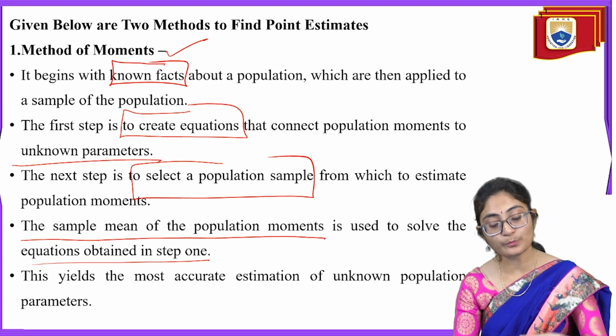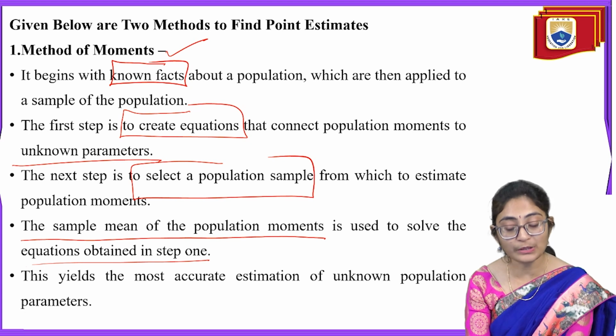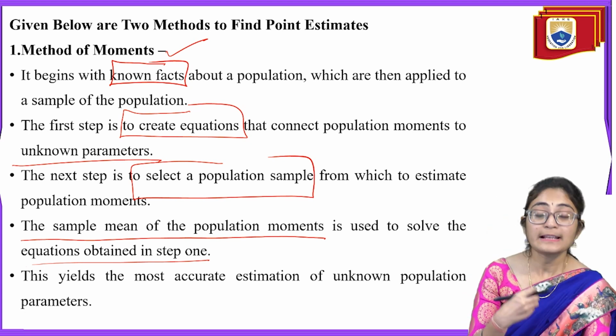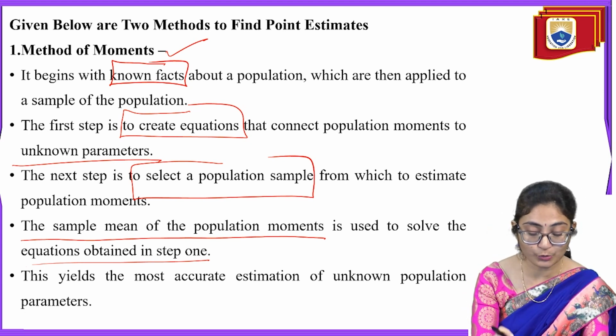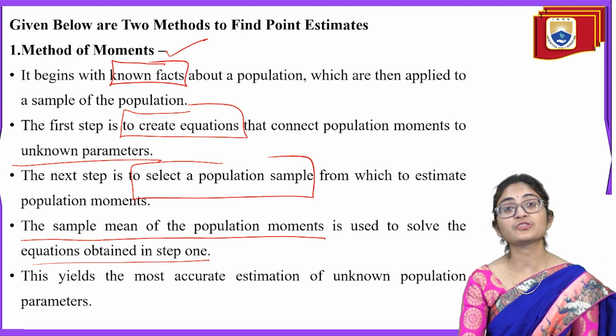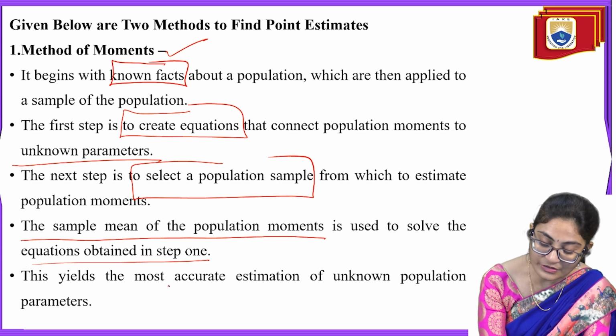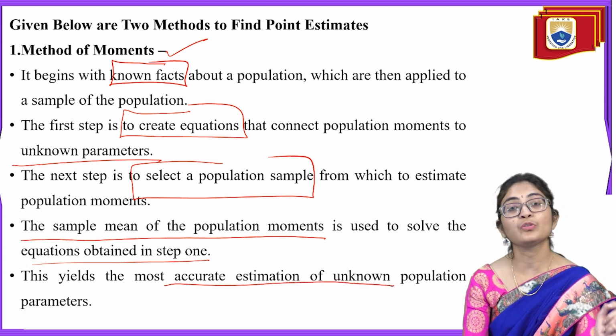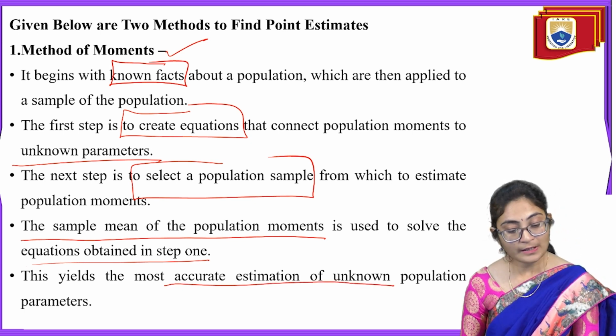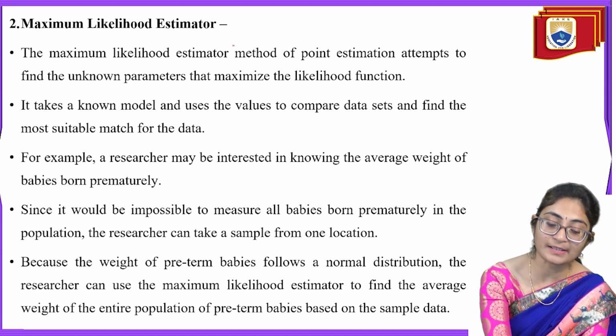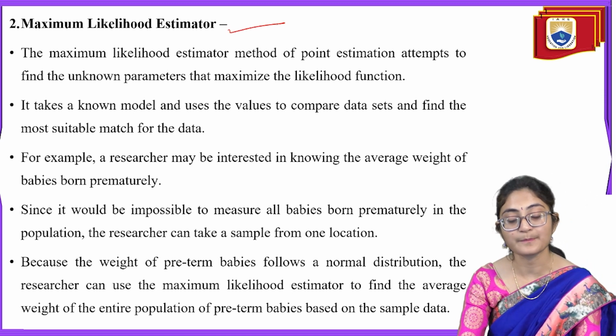After finding the unknown parameter, you select the population sample, and after selecting it, you solve the equation which we got in the first step, and this yields the most accurate estimation of unknown population parameters. And the second one is the maximum likelihood estimator.